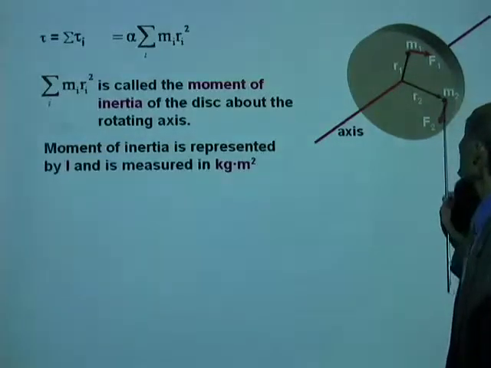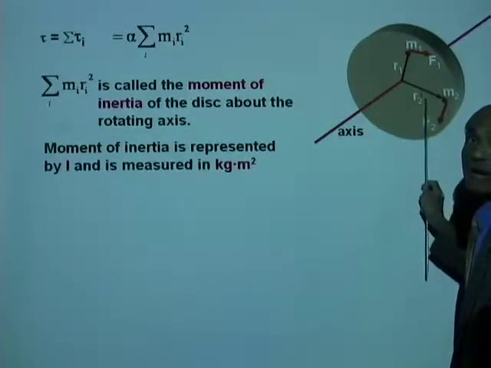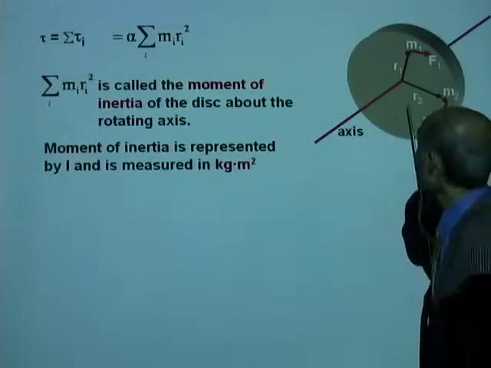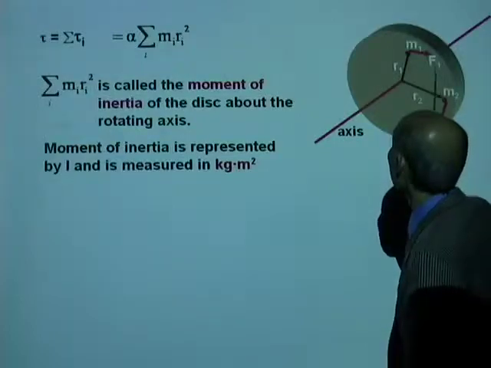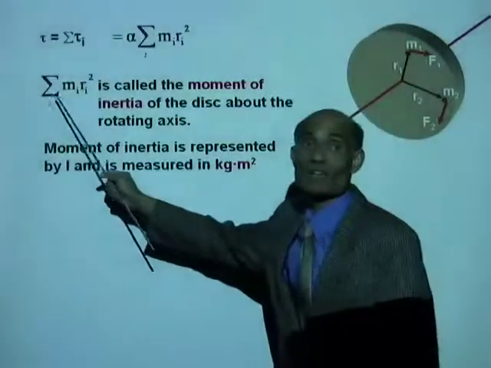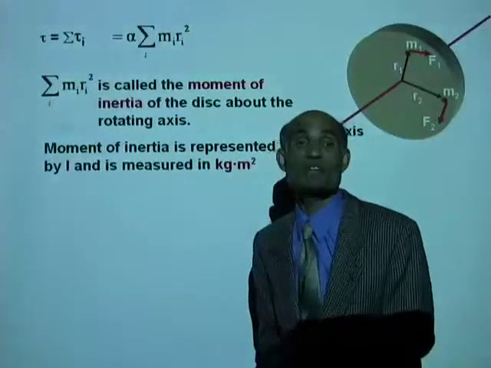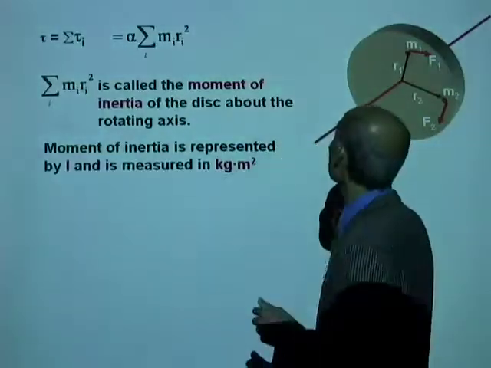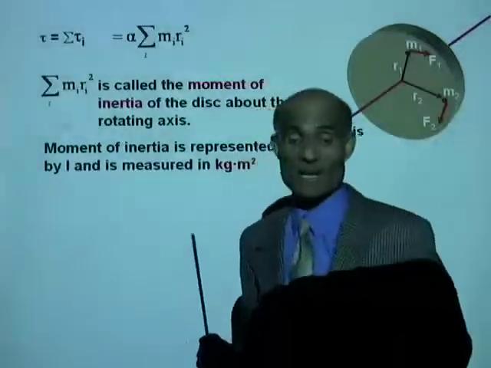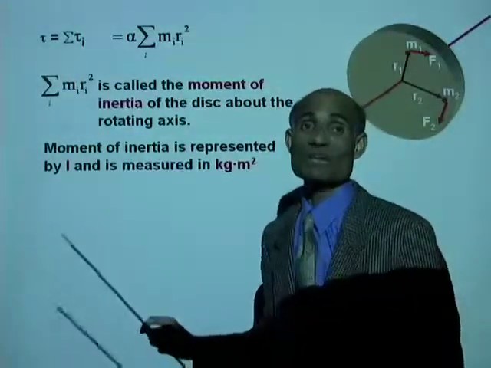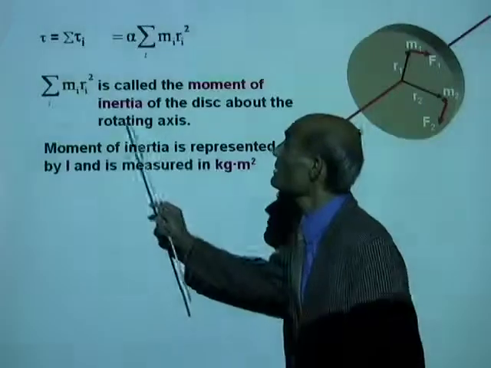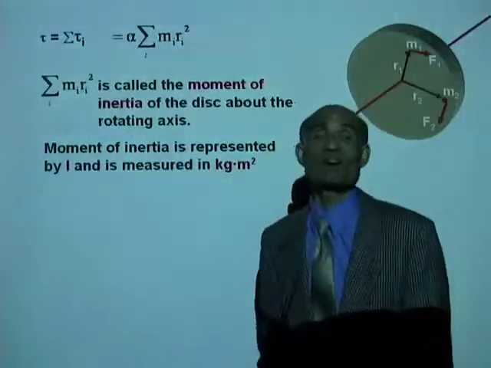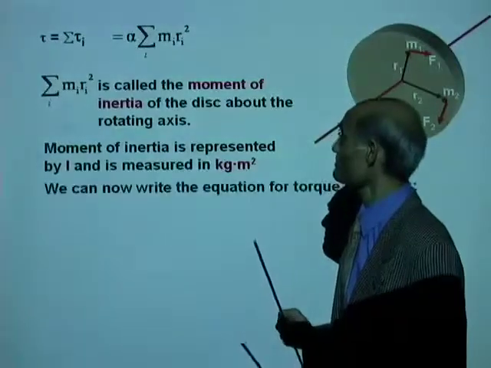The moment of inertia of the second particle about that axis is m2 r2 squared. And add the moment of inertia of all such particles. That is what we call this. The summation of m_i r_i squared is the moment of inertia of the disk about its axis of rotation, and it is measured in kilogram meter squared.